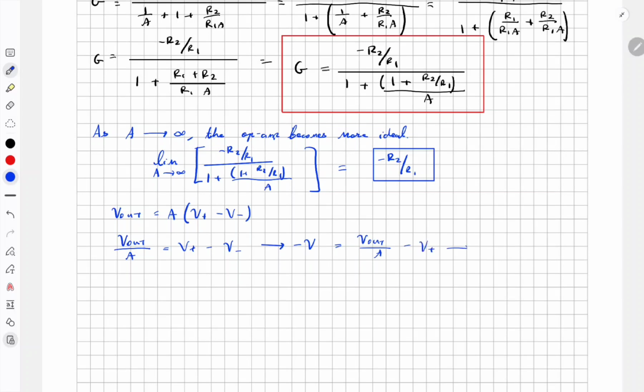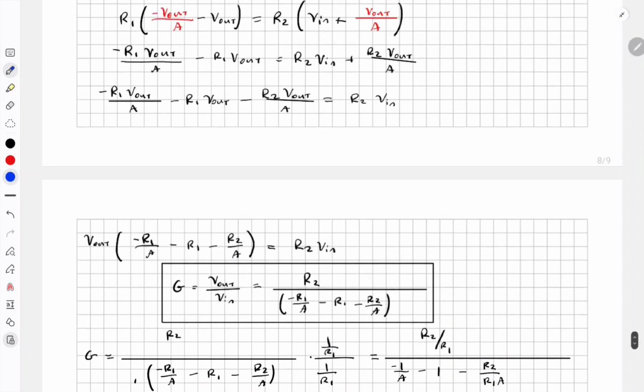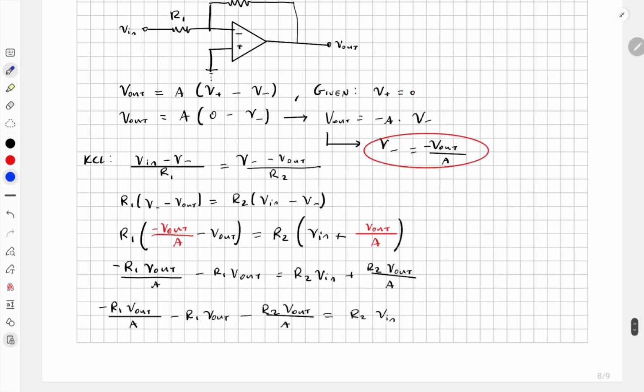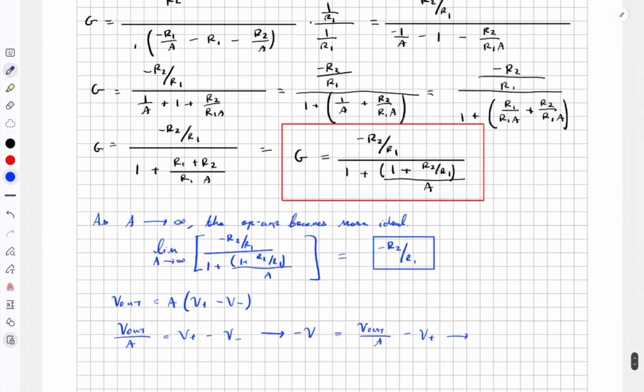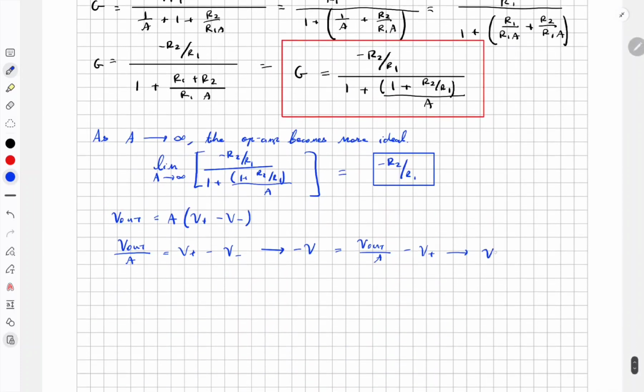Now remember V plus was connected to ground, so it's 0. So we move the negative sign to the other side, and that leaves negative V out. V minus is equal to negative V out divided by A plus 0, which is V plus. So this is the V minus.